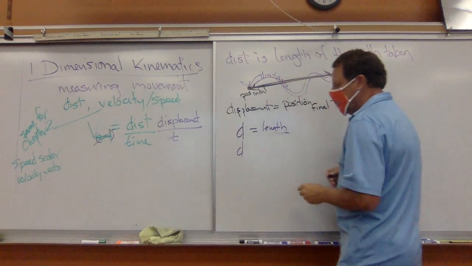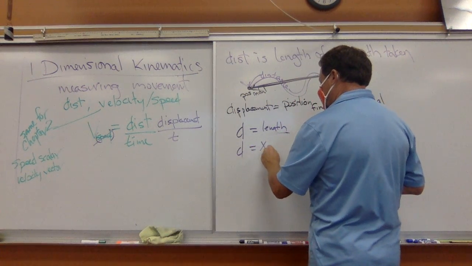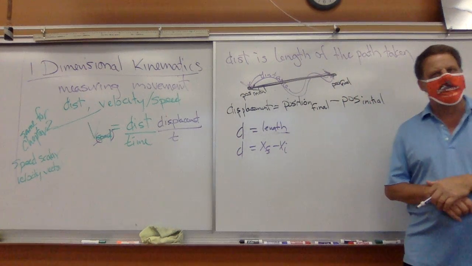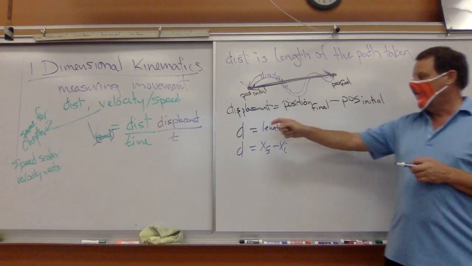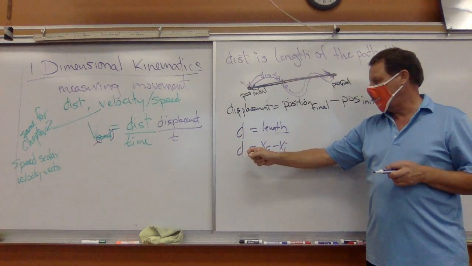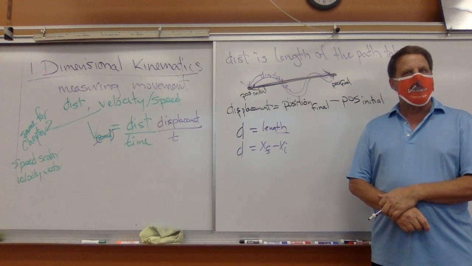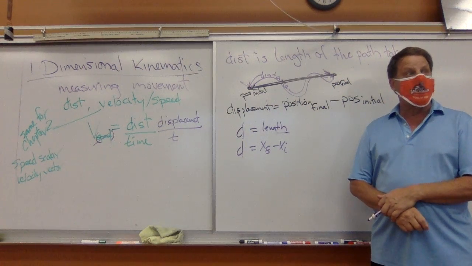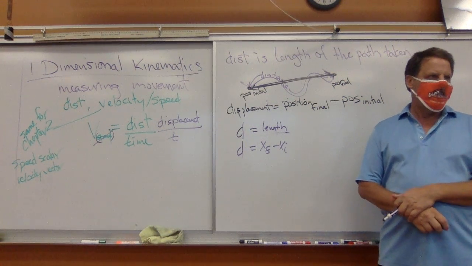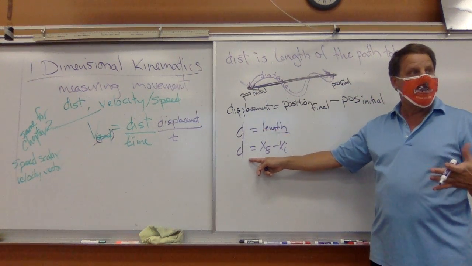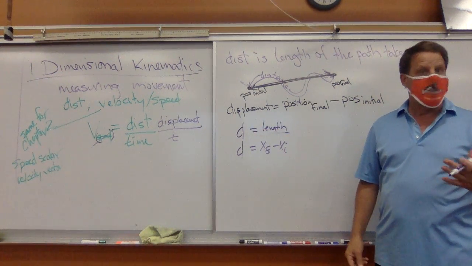And I'm going to say D is equal to position final minus position initial. Okay, so how do you know if it's distance and how do you know if it's displacement? You are going to essentially get that from the context clues of the question, all right? But again, for right now, these are going to be the same.